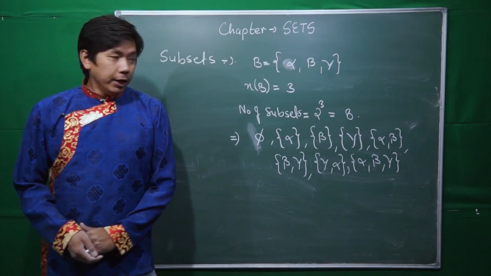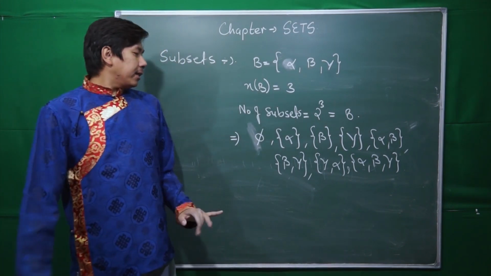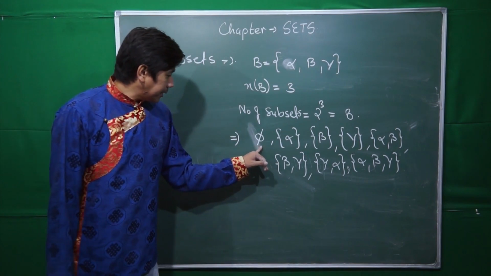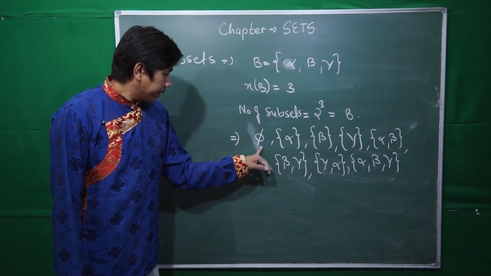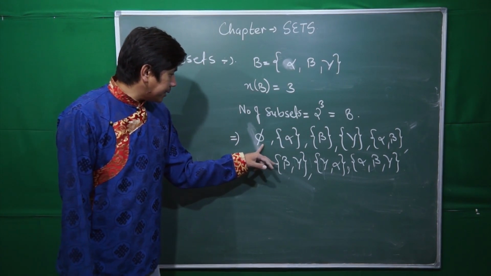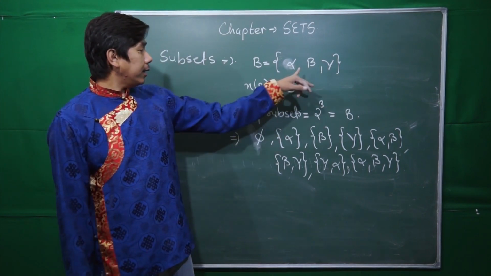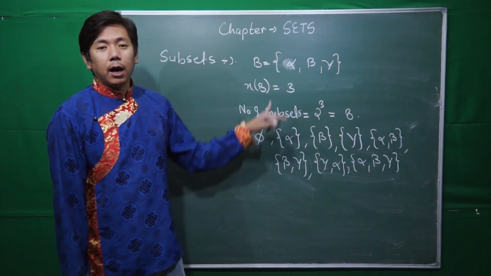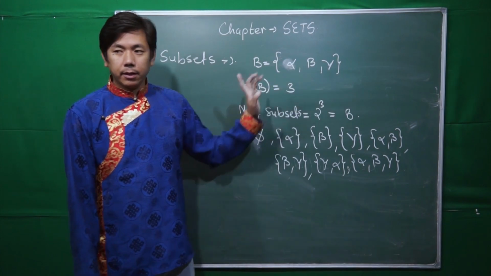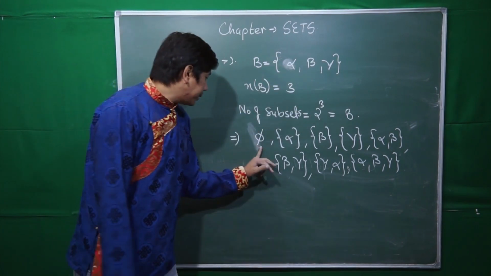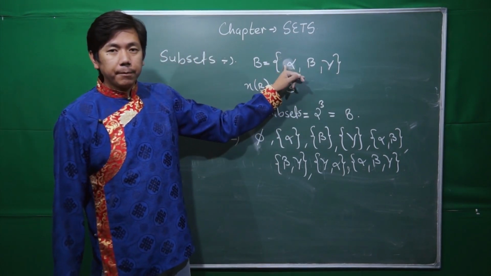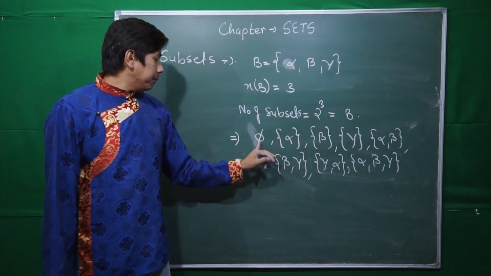Is it clear? So from this subset, all the elements in this subset and all the elements in set B are not the same. Only one element is the same, but the rest of the elements are not.